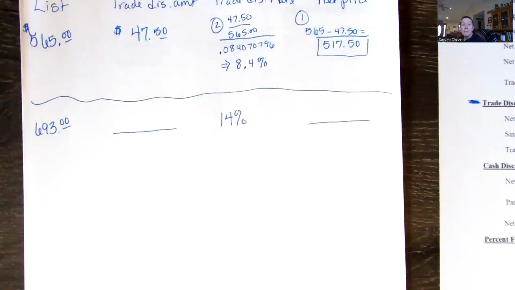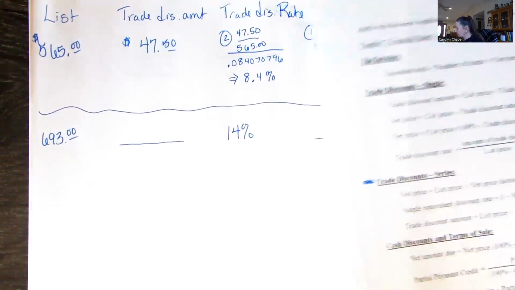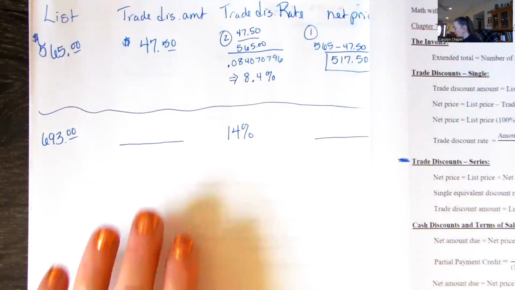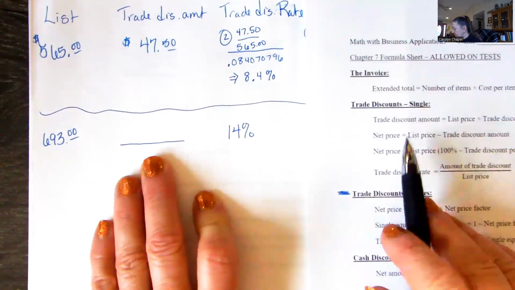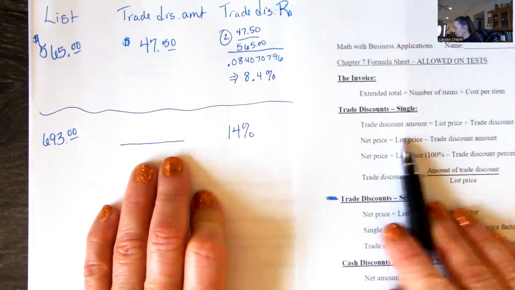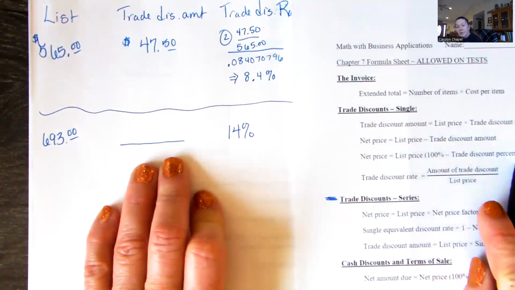Okay. Again, it does not really matter where we go first. There's lots of ways to do that, and I'm going to do some of these pieces a couple of different ways. Here I have this trade discount amount right here that I can find by taking our list price, and I'm going to multiply by that trade discount percent.